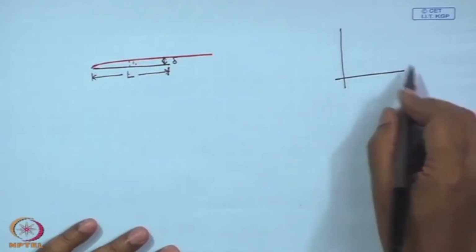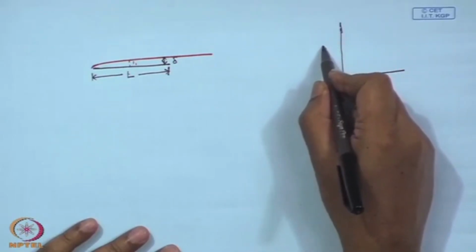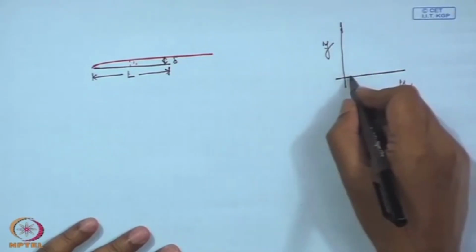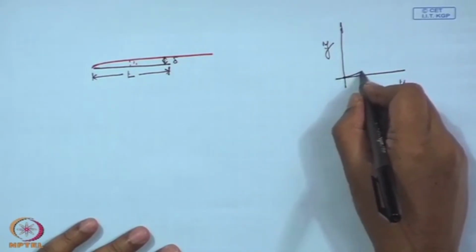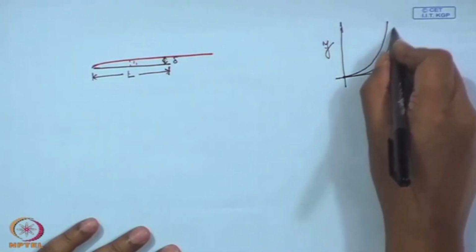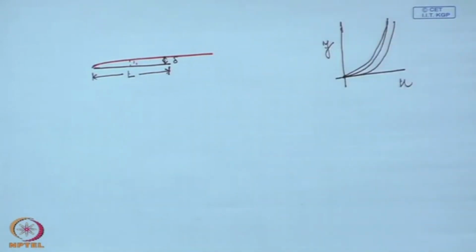If we call this distance y and this is the velocity u, within the boundary layer the velocity will vary something like this, or it may be something like this way it will go on, a smooth variation, no jump. The jump was at t equal to 0 only.